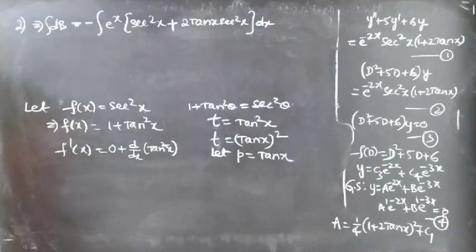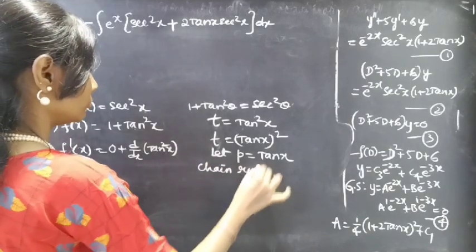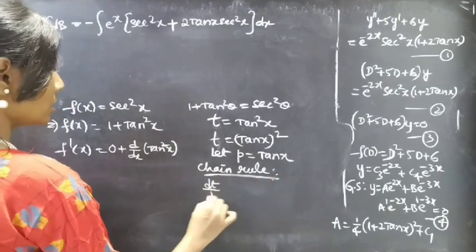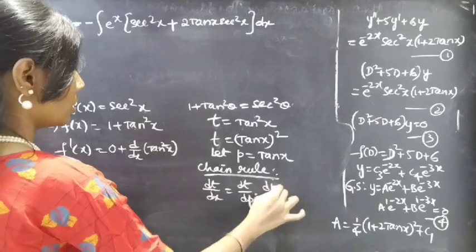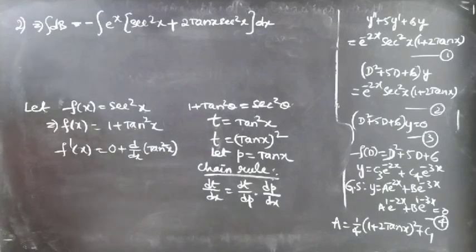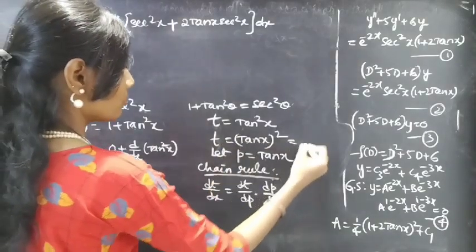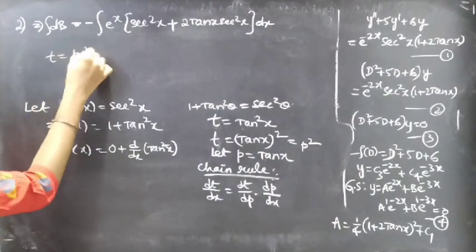Now I'm going to find the derivative of tan square x using the chain rule. dt by dx equals dt by dp into dp by dx. For that we need to find the derivative of t with respect to p and the derivative of p with respect to x, right? We have p equal to tan x, then t becomes p square. We have t equal to p square.